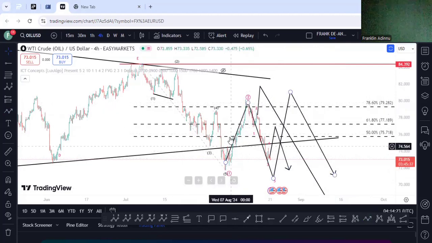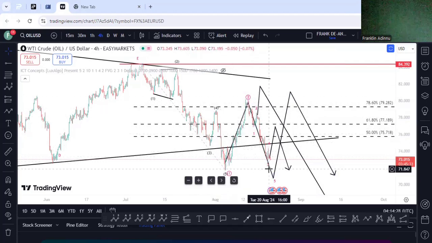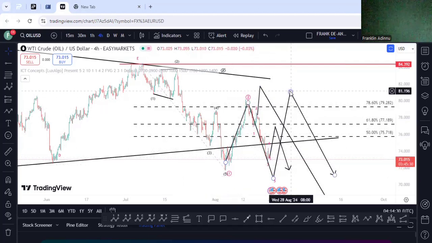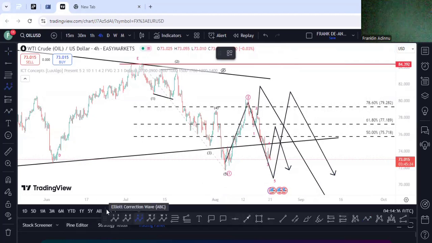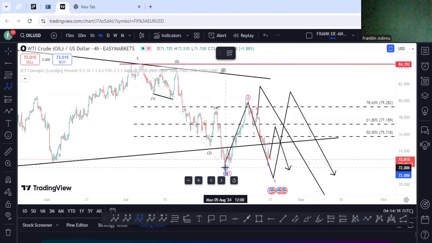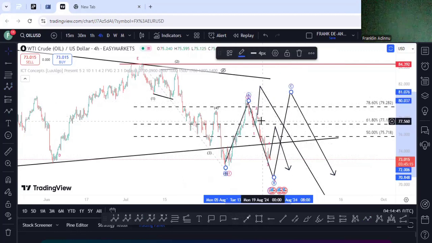It didn't do me an ABC. So I see it as a wave A of the correction. This is wave B of the correction, and wave C is going to come and do an expanding flat. So in this very trade, I'm expecting an expanding flat, but it doesn't mean that it must come.